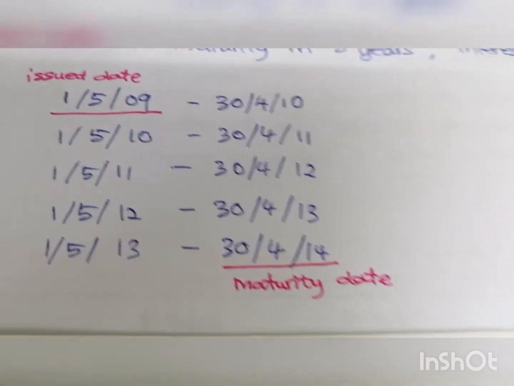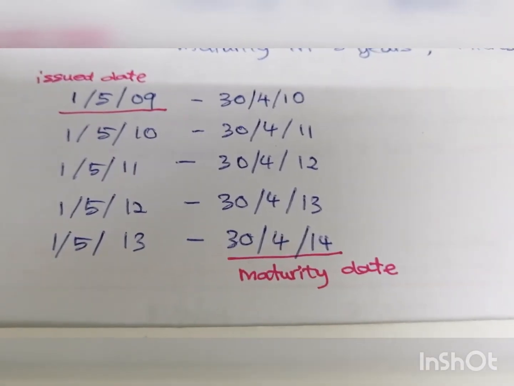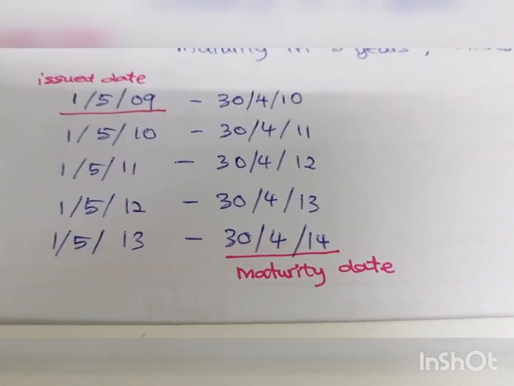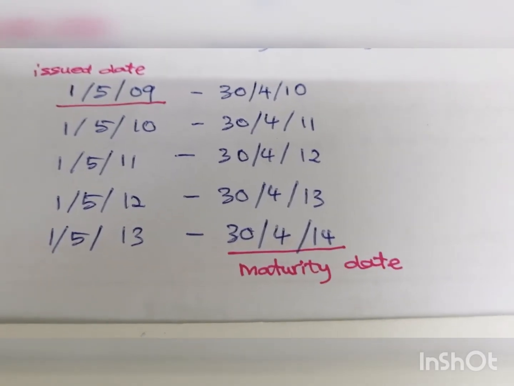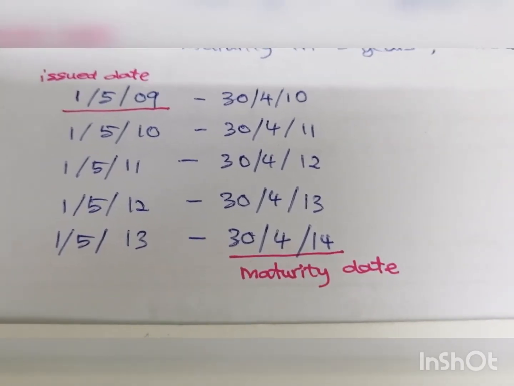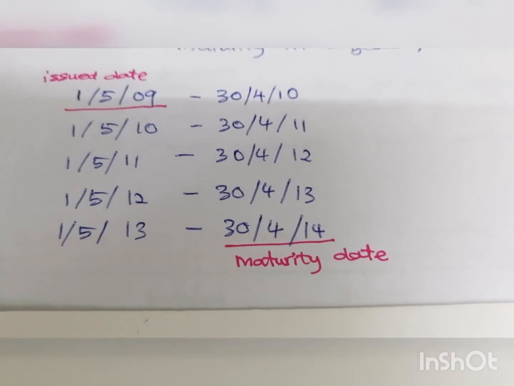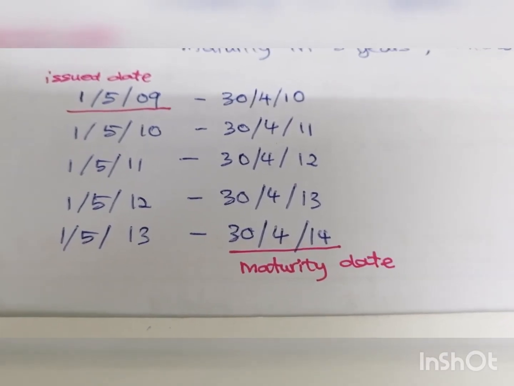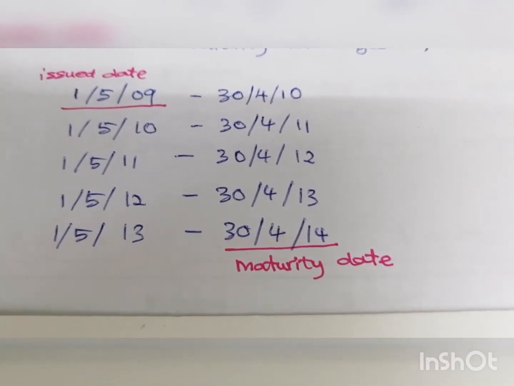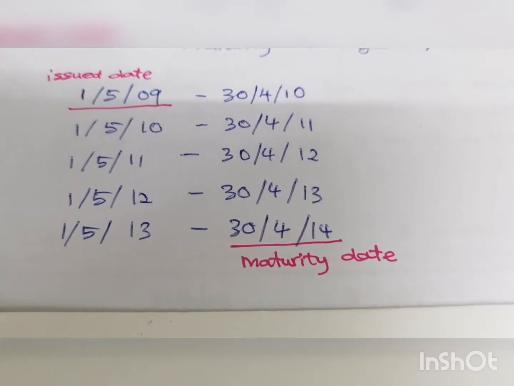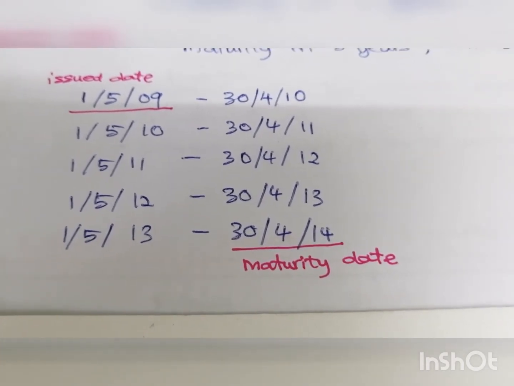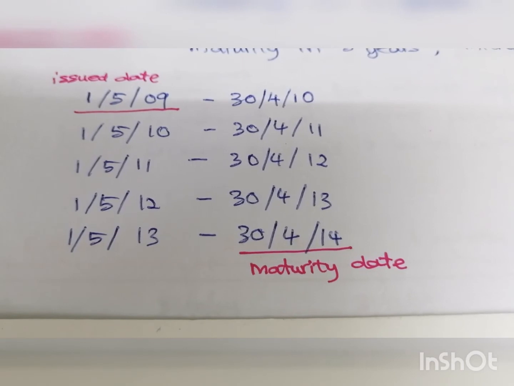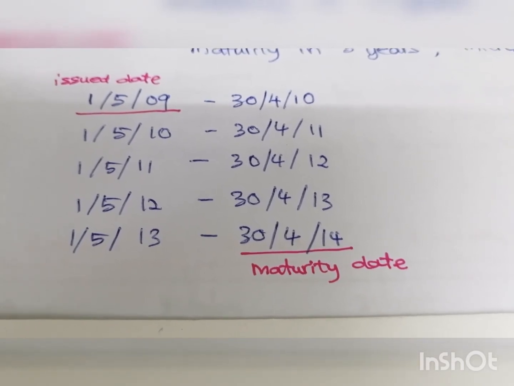Okay, now we know that the issued date is 1st May 2009. So 1st May 2009 until 30 April 2010 is year 1. 1st May 2010 until 30 April 2011 is year 2. 1st May 2011 until 30 April 2012 is year 3.